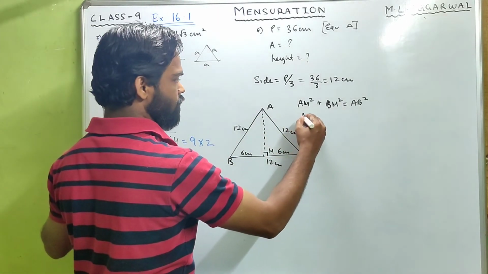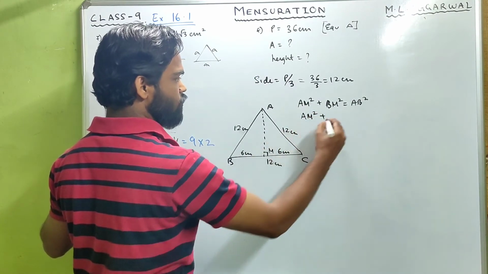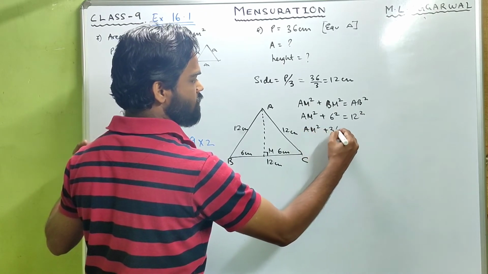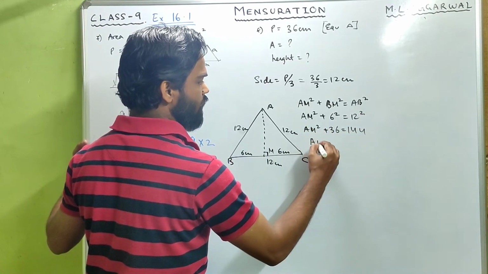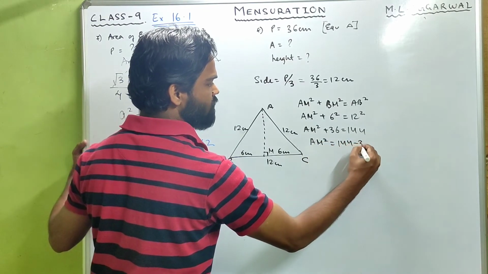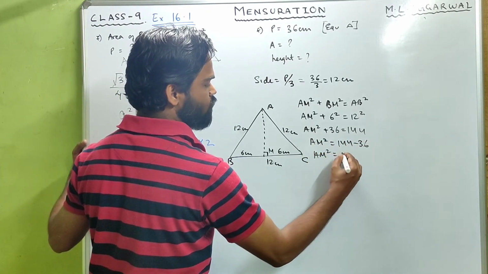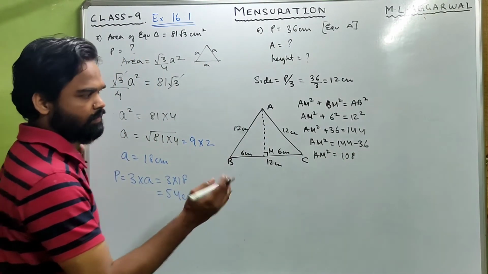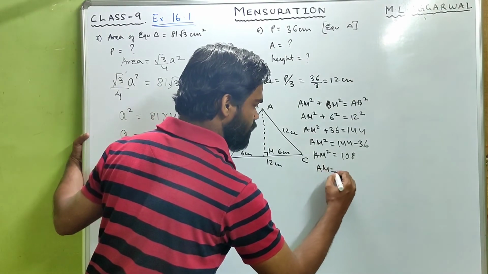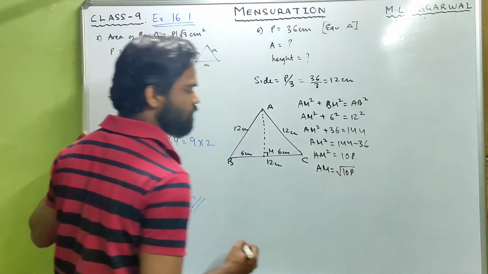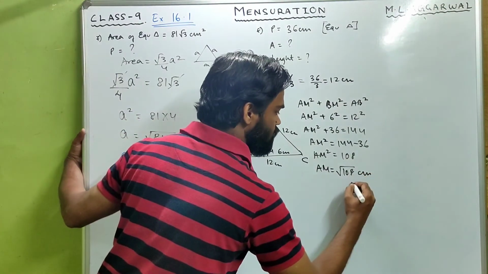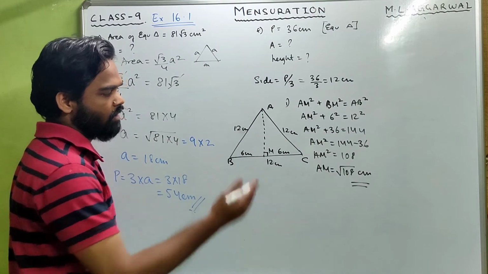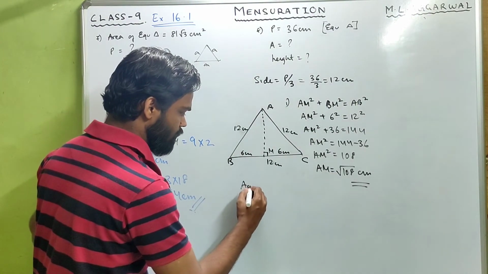So AM we don't know, that's the height, plus BM square is 6 square, and that's 12 square. So AM square plus 36 equals to 144. So AM square equals to 144 minus 36. So AM square is 108, isn't it? So AM will be root of 108 centimeter. So that's your height, isn't it? You got the height. Now area. Now we know.